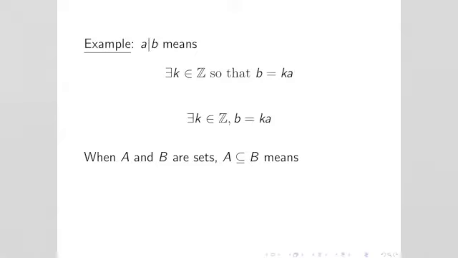We've seen a universal quantifier. In this example, A is a subset of B. What that means to us is that every element of A is an element of B. So that's saying something about every element of A. That's universal.